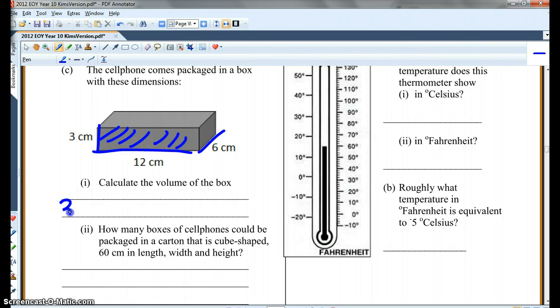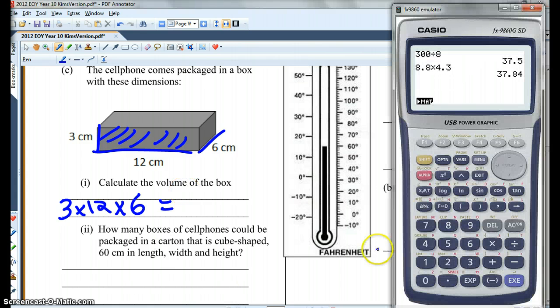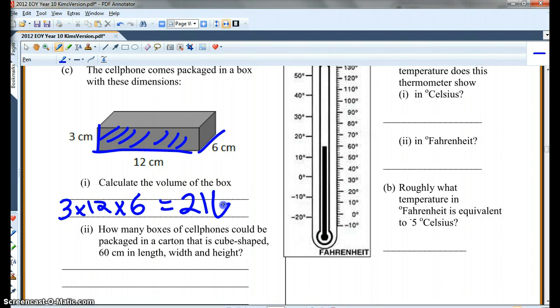So the volume is 3 by 12 by 6, which equals, get our trusty calculator, which I hope you bring to the exam, 3 times 12 times 6. So I've got 216. What are my units? Centimetres cubed, because it's centimetres times centimetres times centimetres.